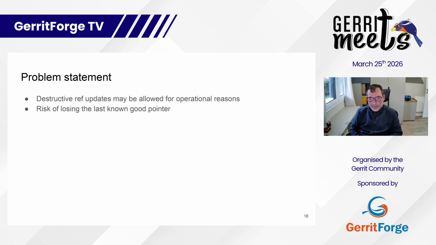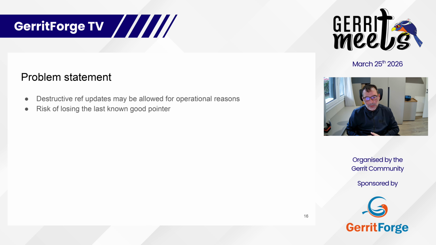Any destructive ref update might be allowed for operational reasons, like you can give admins the possibility of doing, for example, a force push to tags or to your ref heads master. Now, this highlights a risk.